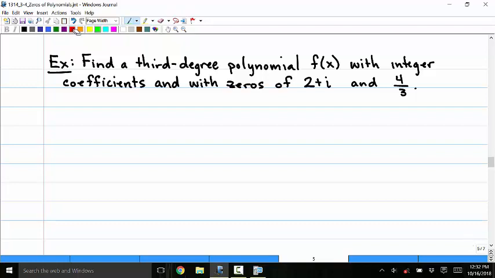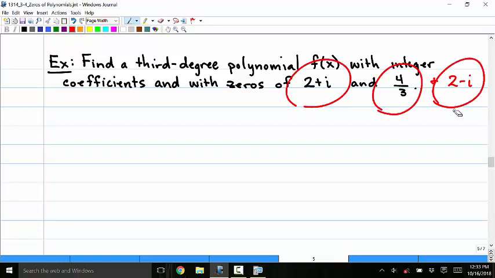What's the other one? So they gave you 1, 2, 3 zeros. What degree polynomial do you want? A third degree polynomial. So did they give you all the zeros? Yep. So now go write your polynomial.